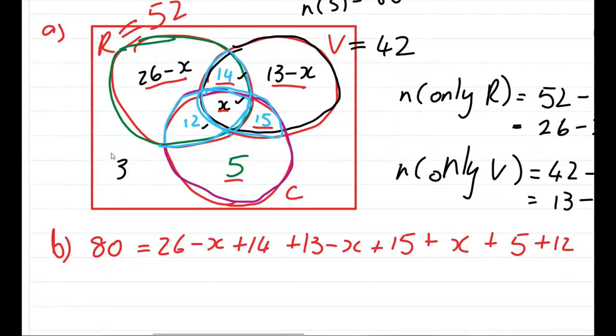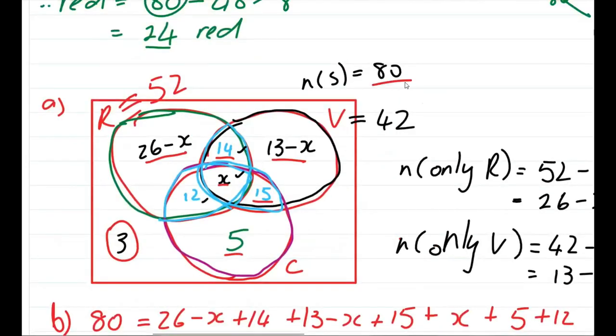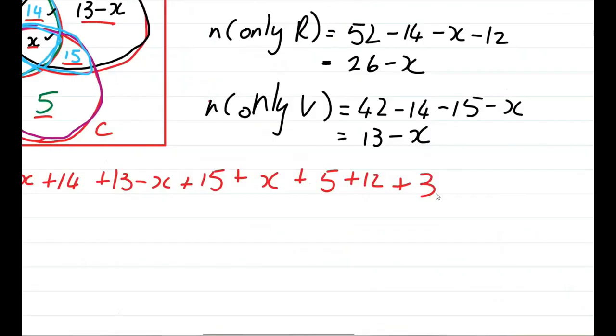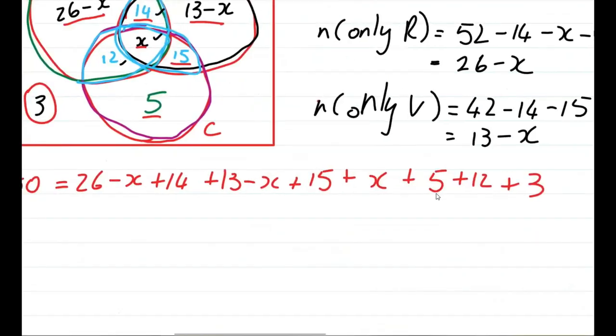But what about the 3? Remember, everything inside the box must add up to 80. So that means the 3 is included. You good with that? Yes, sir.